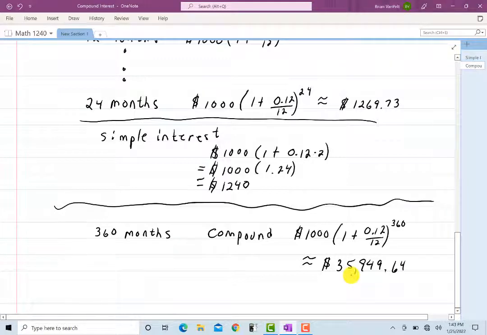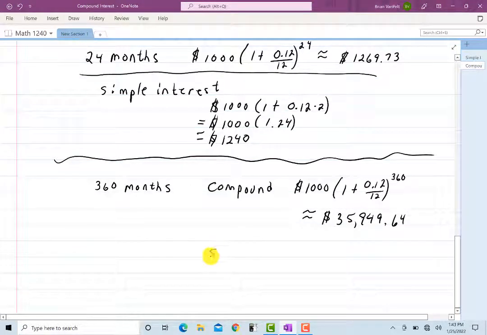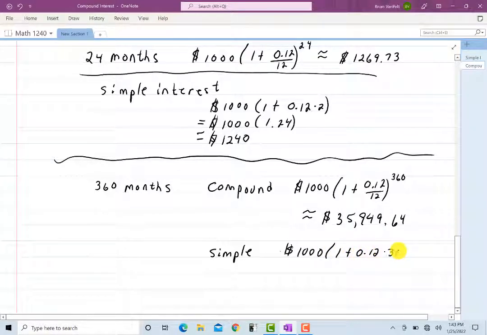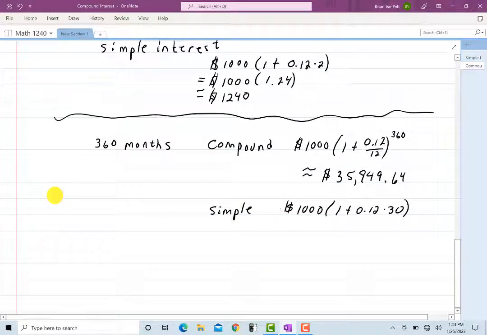Now let's compare that with simple. Here you're going to have 1,000. Remember, this is 30 years, so it'll look like 0.12 times 30. So that'll be 1,000 times 1 plus, what is that going to be? 3.6.